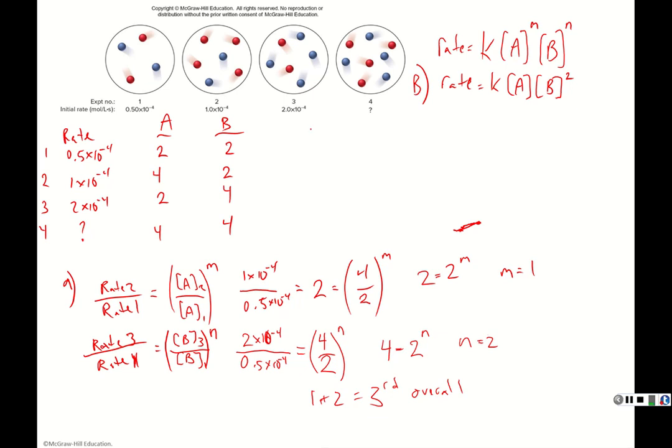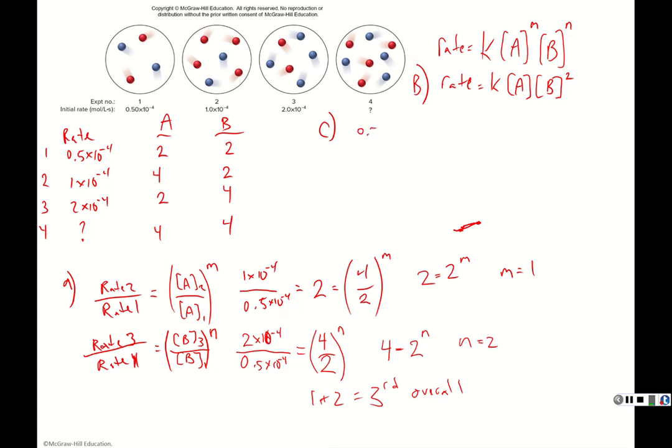And finally, part C, I'll just draw part C up here. Okay, so for C, we can calculate a rate constant. So our rate constant is going to be, let's just use the data in experiment number 1.